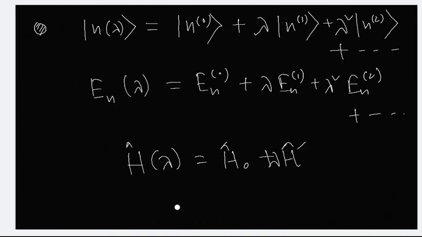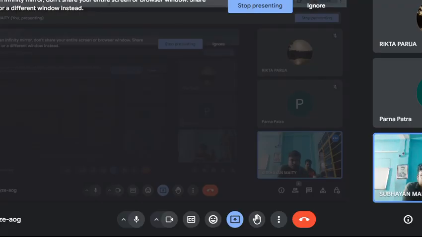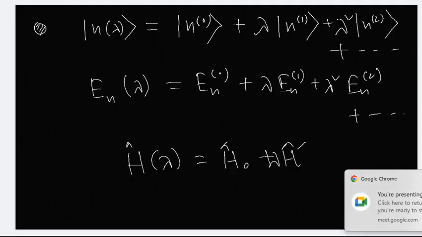So these are the perturbation expansions of the states and the energy eigenvalue, and you can put these things in the Schrodinger equation. What is the Schrodinger equation?